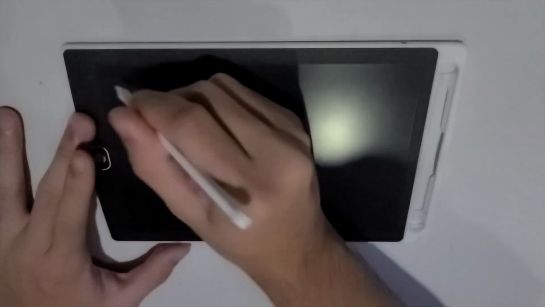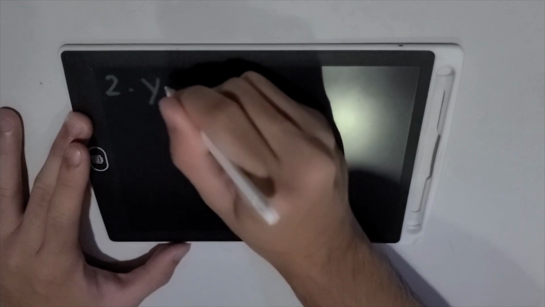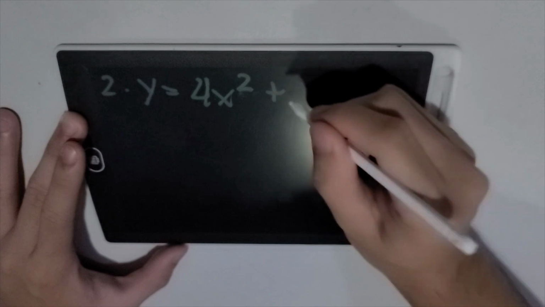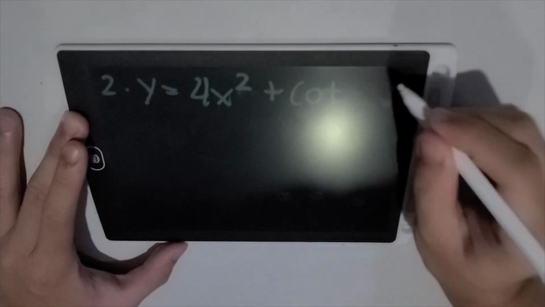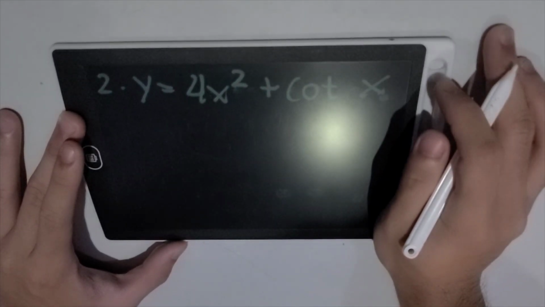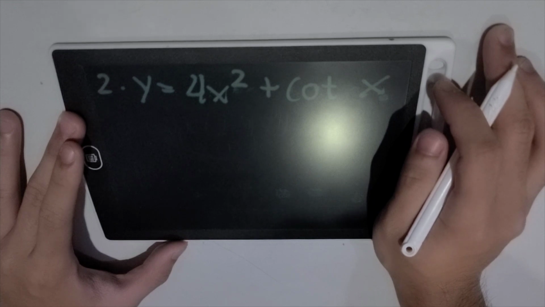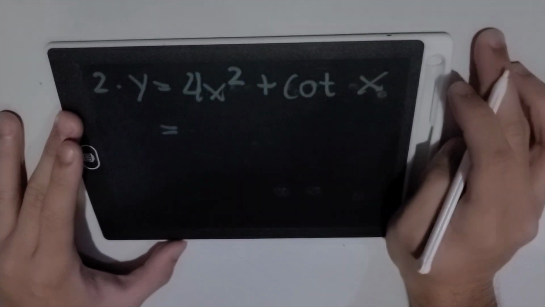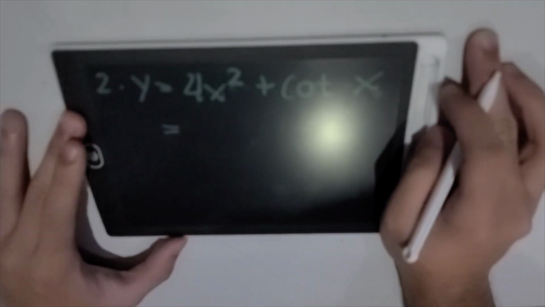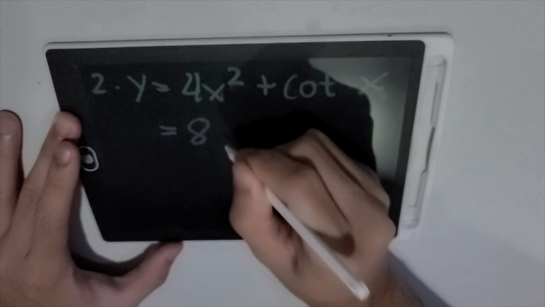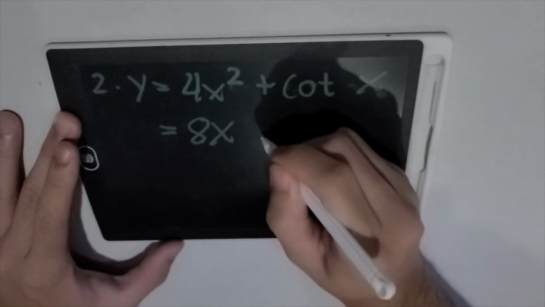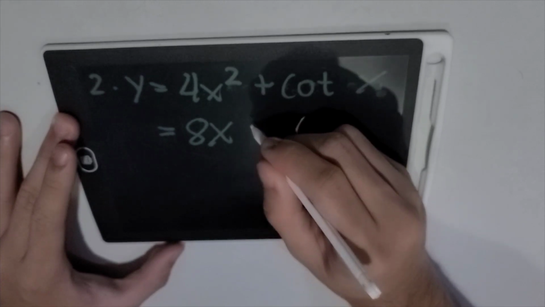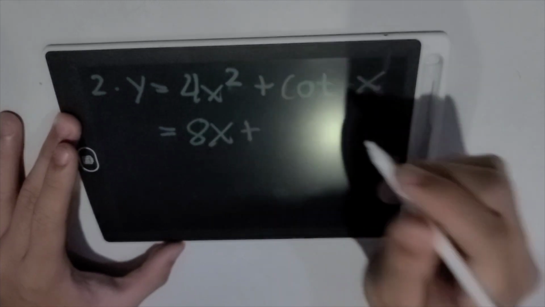Our second example is y is equal to 4x squared plus cotangent x. Now we shall look for the derivative of 4x squared, which is simply 8x. And the derivative of cotangent x is, we have to copy the plus sign.